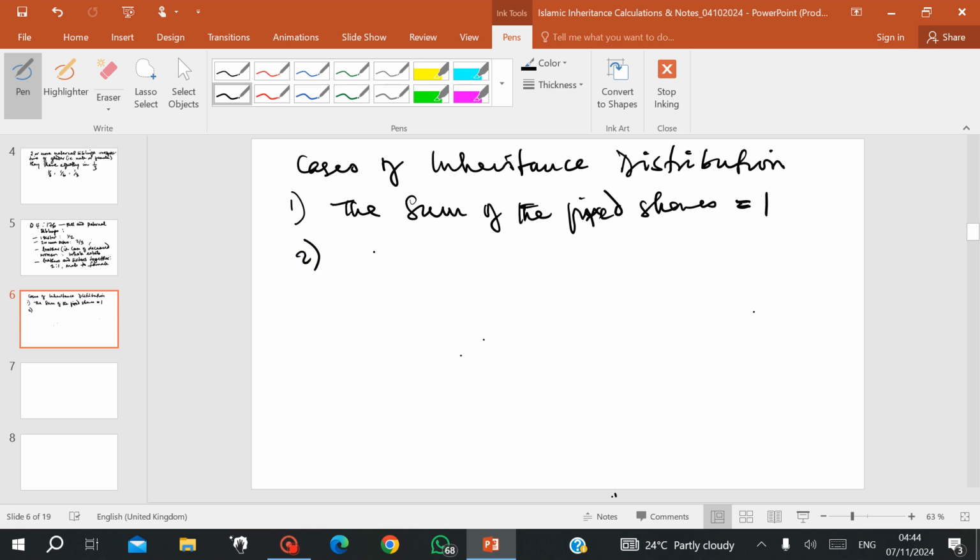The second case is where the sum of the fixtures is greater than 1. And then the third case is where the sum of the fixtures is less than 1. We'll be taking examples. Case 1 example.